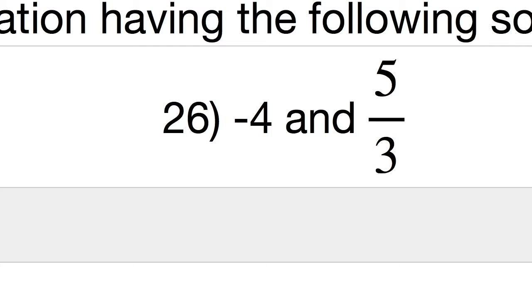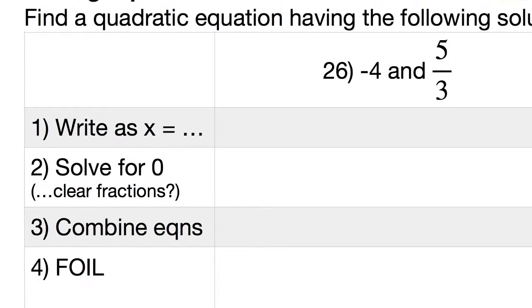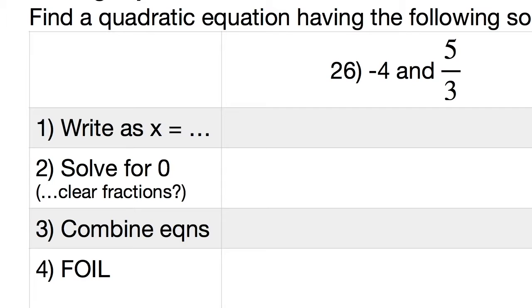So what I'm trying to say is, if we have the solutions, we should be able to work backwards to get the equations. X equals negative 4 and x equals 5 over 3. This is going to be a straightforward process, and I've even written out the steps over here.